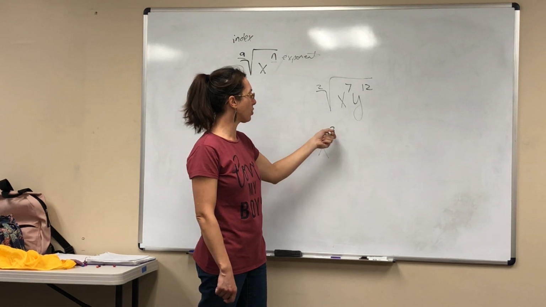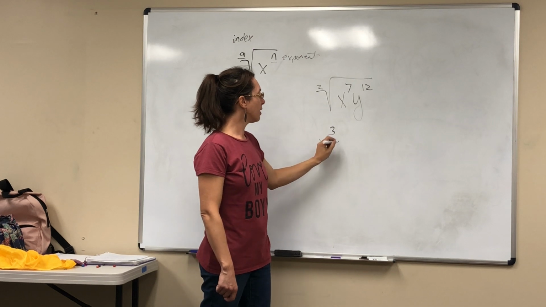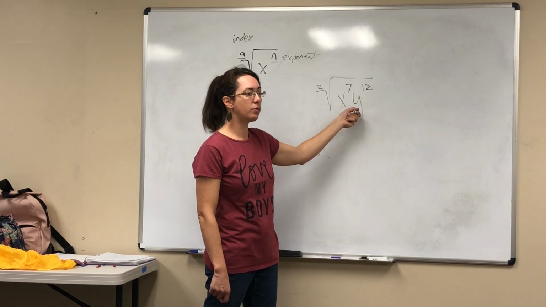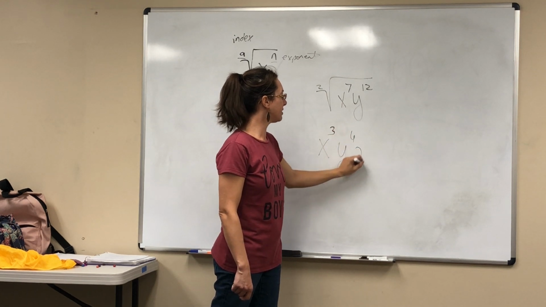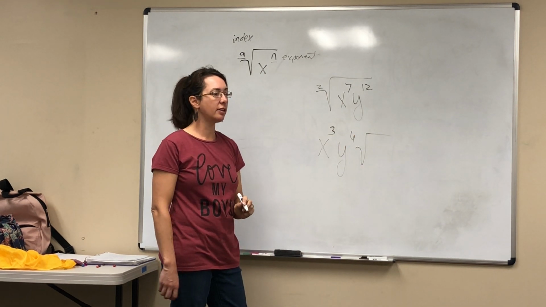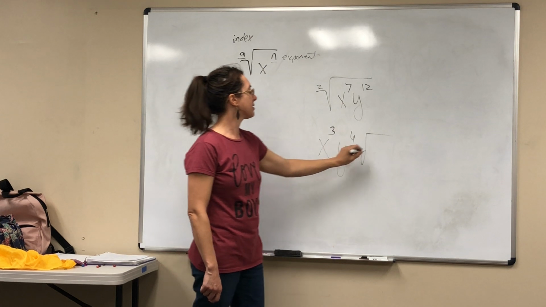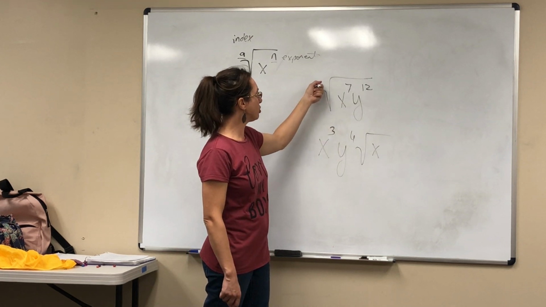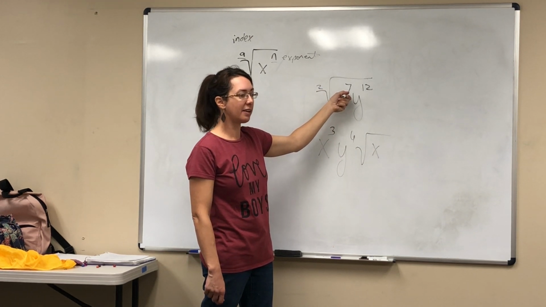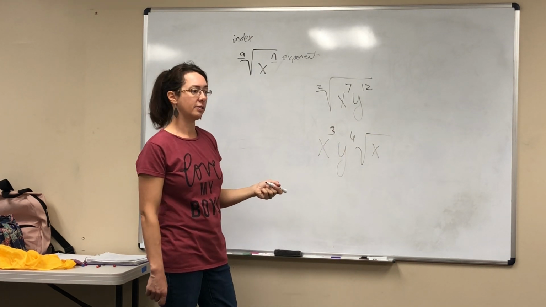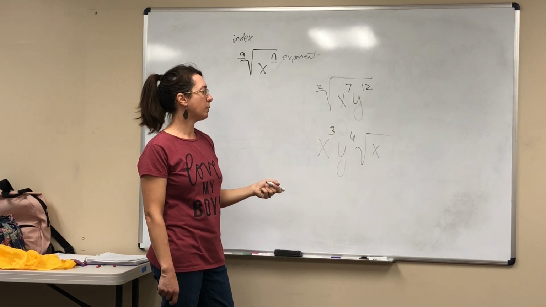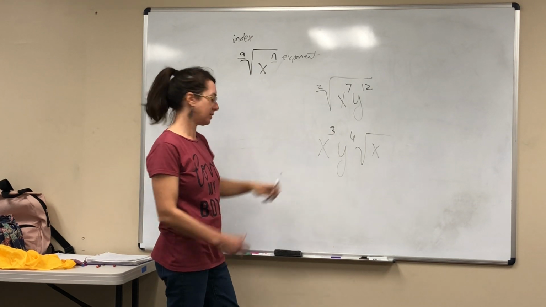I pulled out 3 groups. How many groups of 2 can I get out of y to the 12th? 6, so y to the 6. And did I remain anything underneath? X, because 3 times 2 is 6, and I needed 7, so I need an extra 1 left underneath. Is that making sense? Yeah.